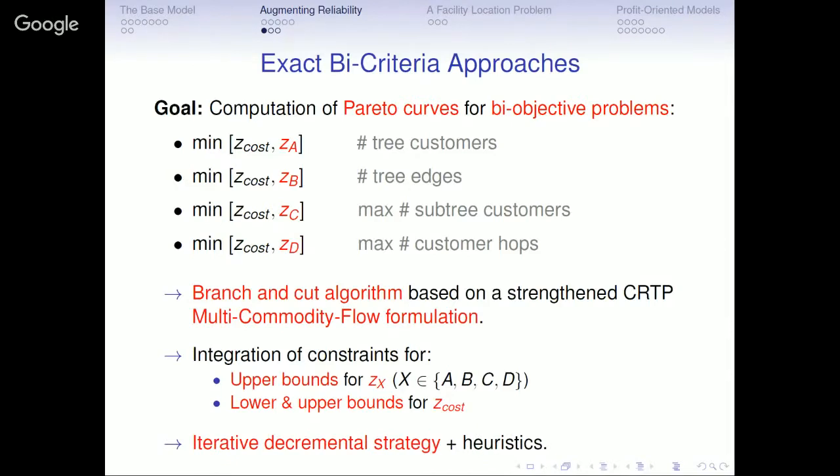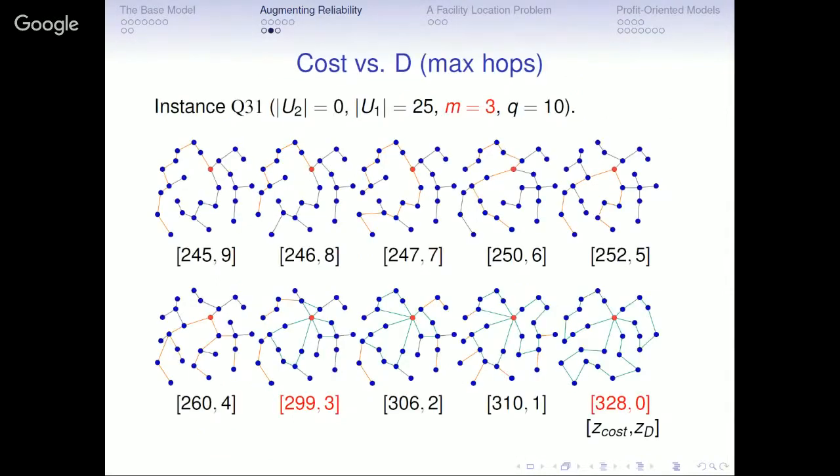So it is an iterative strategy, and it uses heuristics, and is actually quite sophisticated because the problems get so hard by adding these easy to understand additional constraints. So this is one example I took out because I thought it's nice to see. We look at cost versus D, which was the maximal number of hops here. And from left to right, from top to bottom, we see a minimal set of efficient solutions.